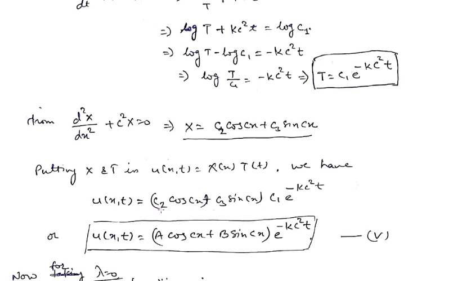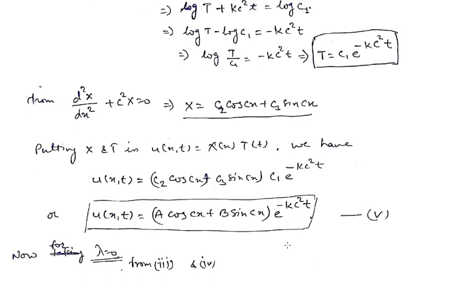When c1 and c2 multiply, it gives another arbitrary constant, say A. And c1 and c3 constitute another arbitrary constant, say B. So u equals (A cos cx plus B sin cx) into exponential minus k c square t, in the case when lambda equals minus c square.